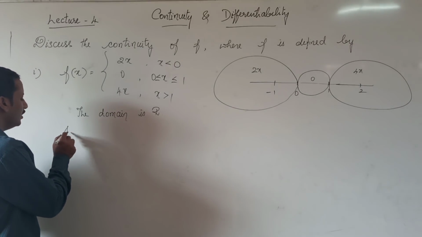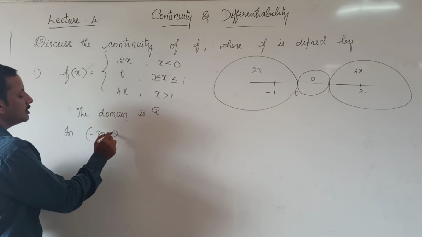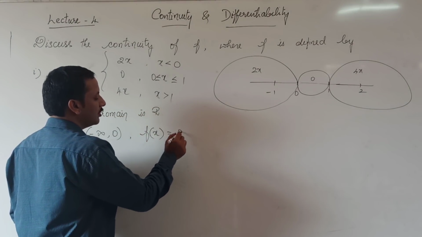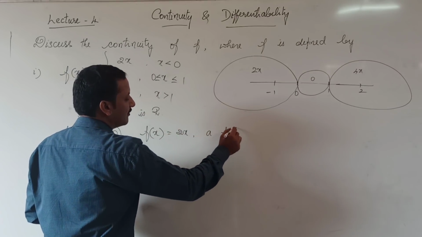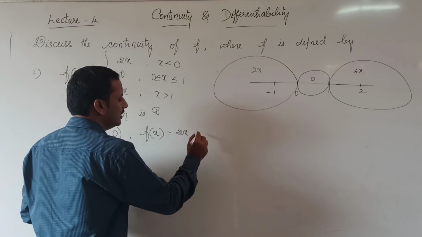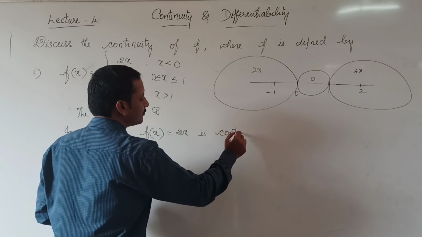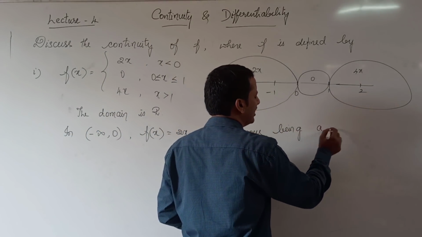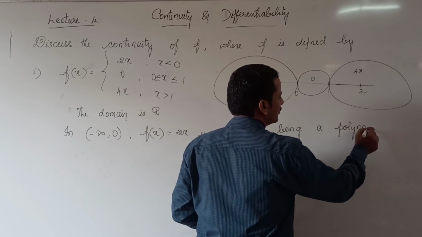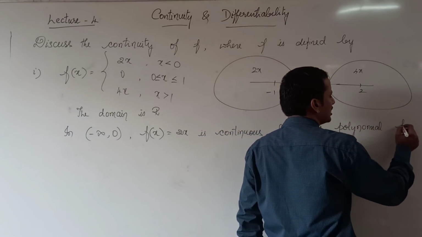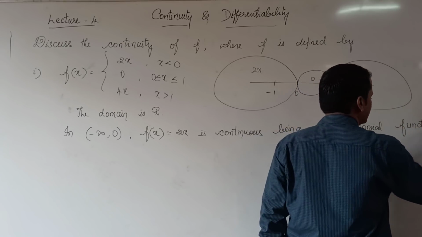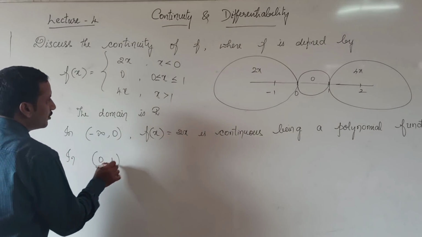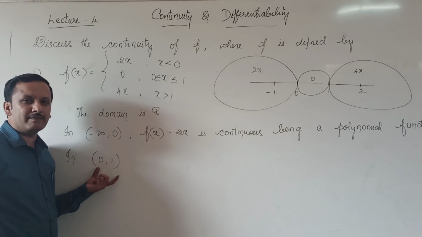Then in minus infinity to 0, in this interval, f of x is equal to 2x, a polynomial. Okay, I'll write f of x equal to 2x is continuous, being a polynomial function. So since it is a polynomial function, it is continuous in this interval. Okay. Then next, in 0 to 1, I have taken open interval 0 to 1.